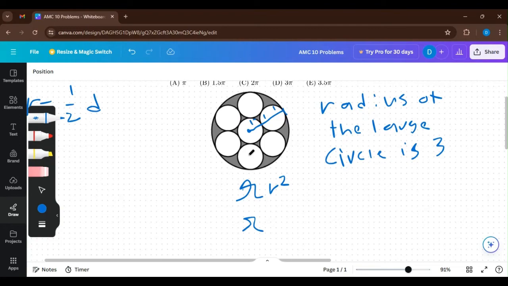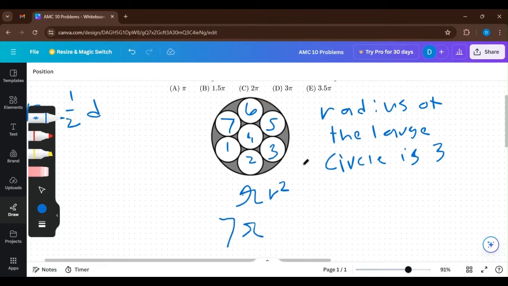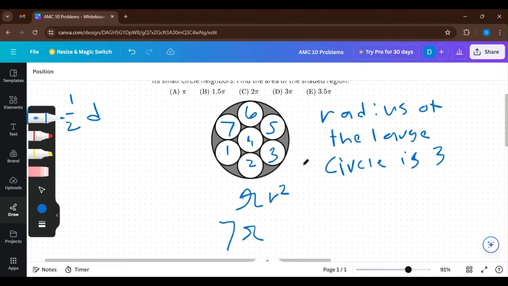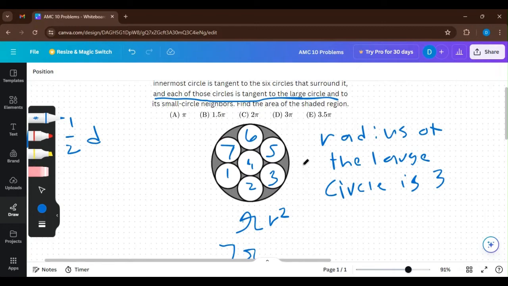There's 1, 2, 3, 4, 5, 6, and 7. That means we know that there's 7 pi. That's the total area for all the small circles, which is 7 pi. There's seven small circles, and each of them has an area of pi.